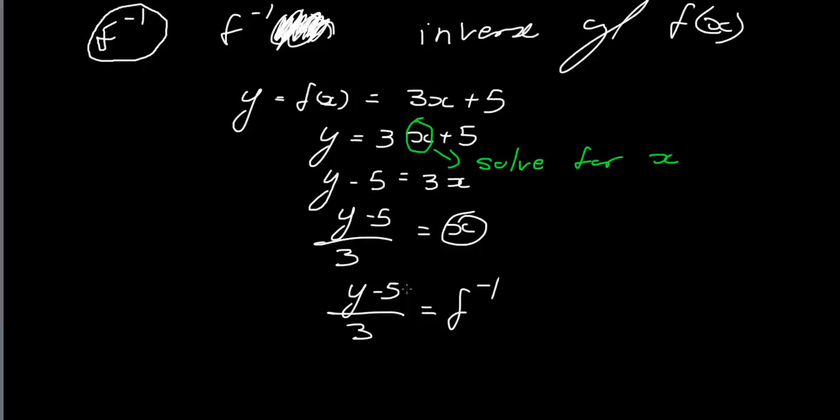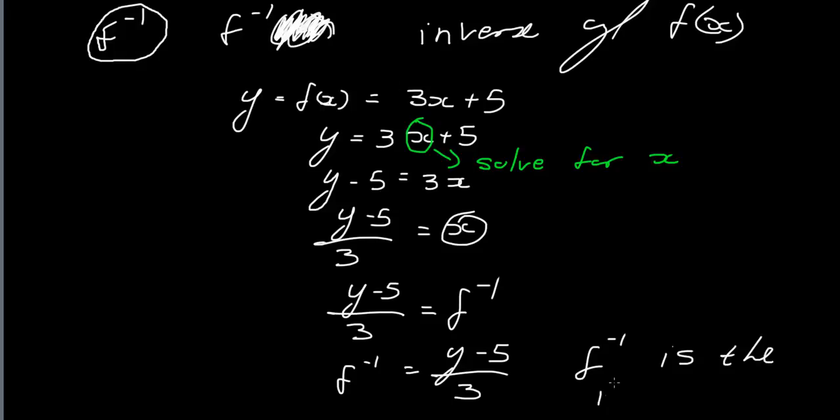And that's it. So just put that on the left. F inverse is equal to y minus 5 over 3. And f inverse is the inverse of f of x. Okay. And that's all there is to finding the inverse.